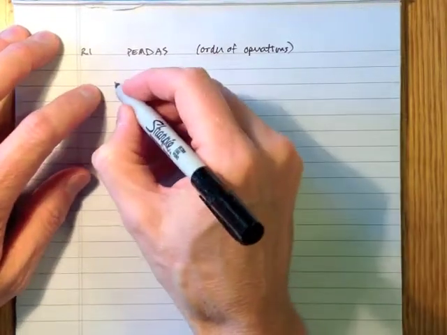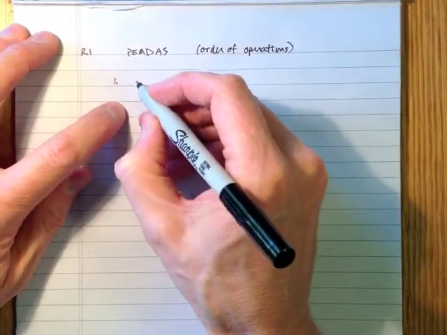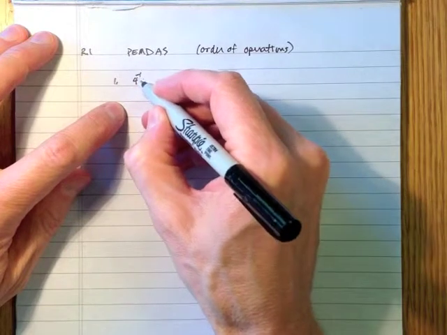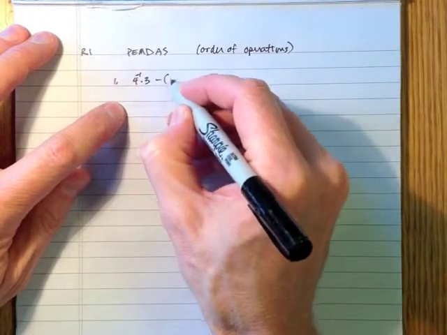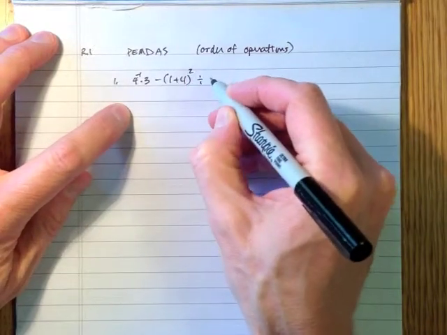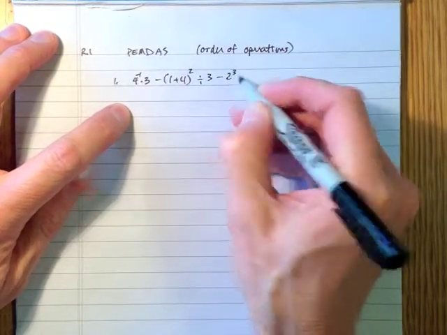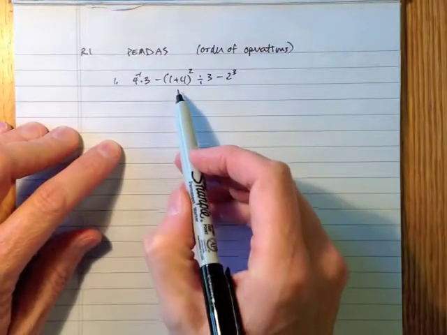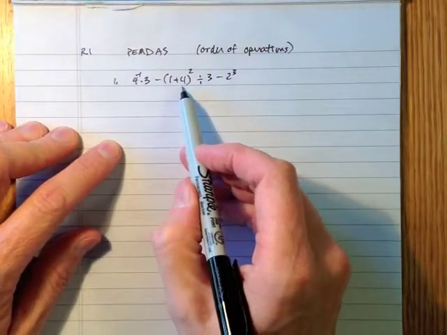That's the AS. So for example, if I had 4 to the negative 1 times 3 minus 1 plus 4 squared divided by 3 minus 2 cubed, I do the stuff inside the parentheses first. That's 5.